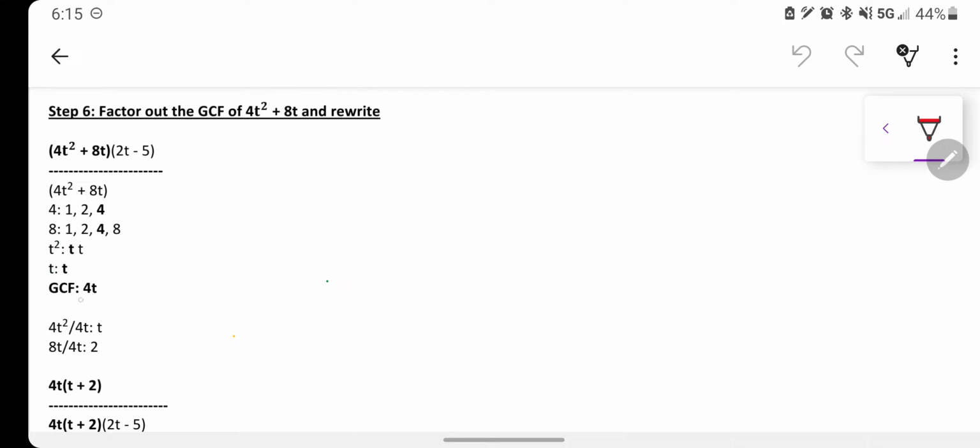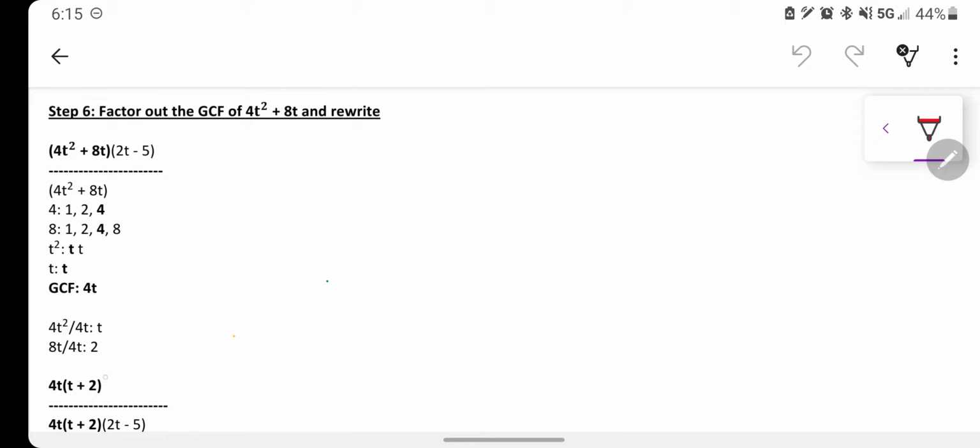So the GCF of the total group is going to be 4t. We're going to divide 4t by the values, and then 4t to the second power divided by 4t would equal t, and then 8t divided by 4t equals 2. That would make the new factor 4t times t plus 2.